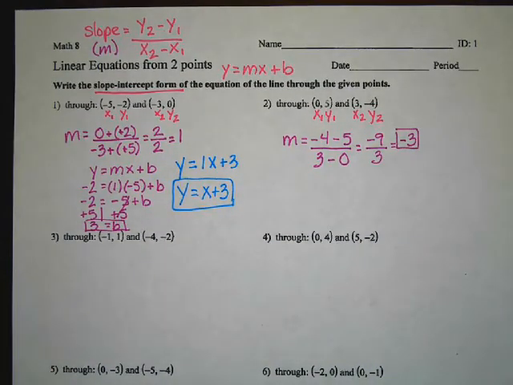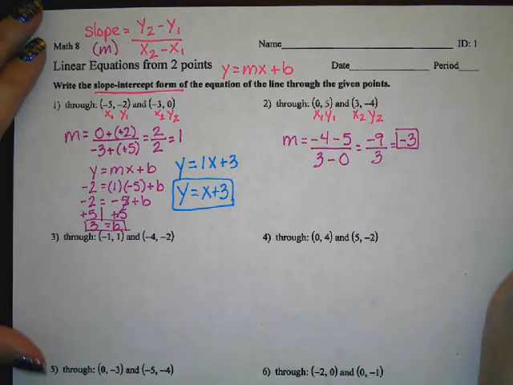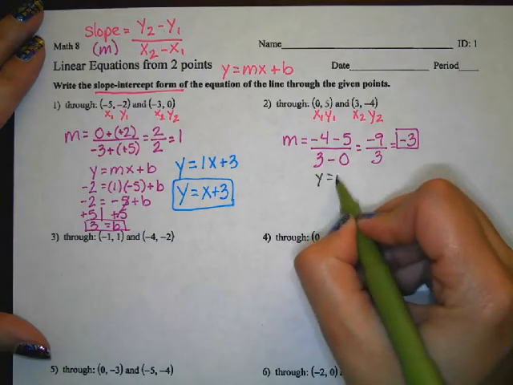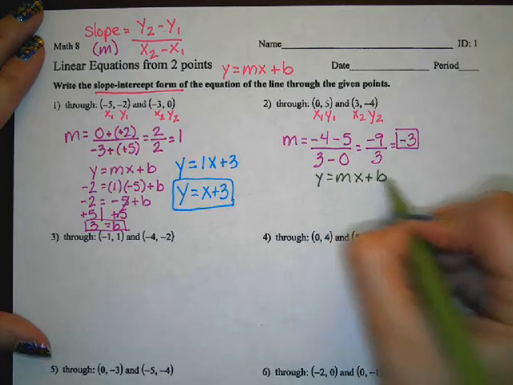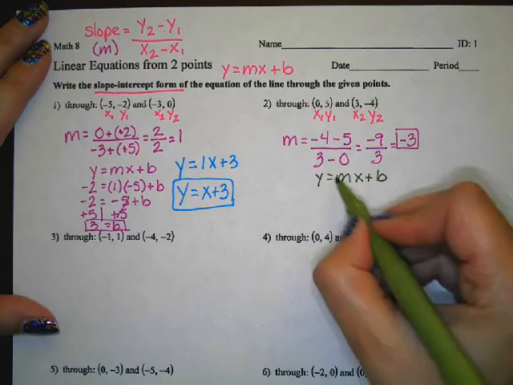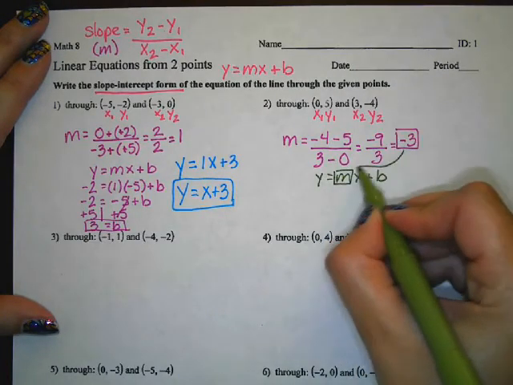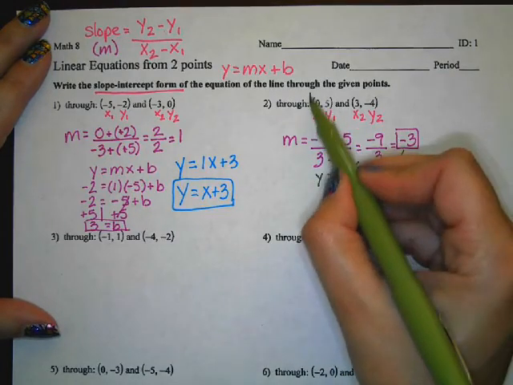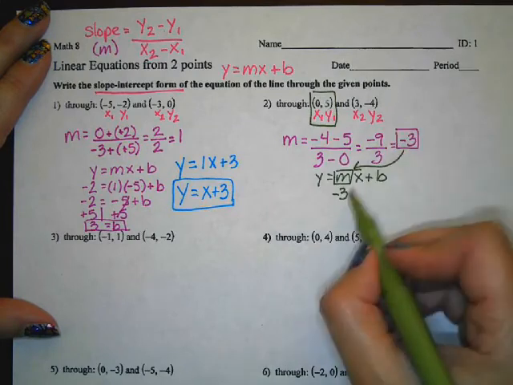Then I'm going to go ahead and find what my b value is, because remember, I need to know my m and my b. So using my equation, y equals mx plus b, I'm going to put in what I already know. So I know my m value is negative 3. I'm going to choose one of my points. I'm going to choose this first one.